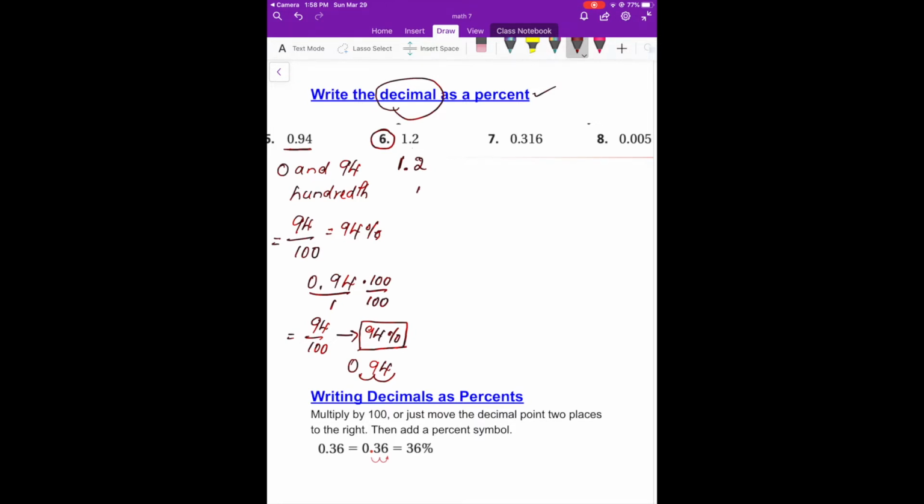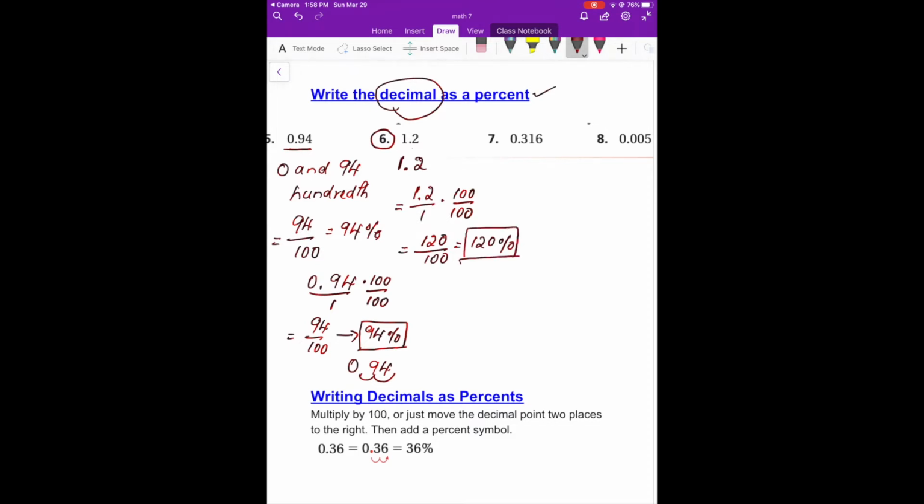So you can either multiply the numerator and denominator by 100 to get 100 in the denominator. So that's 1.2 over 1 times 100 over 100. So when you multiply by 100, you get 120 in the numerator and the denominator will be 100. So that will give you 120%.